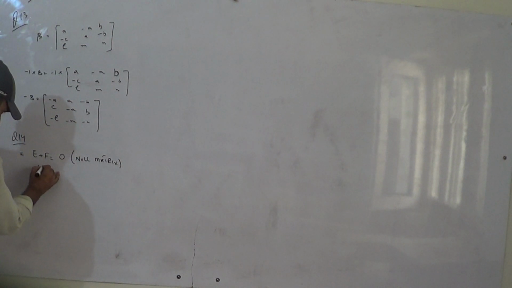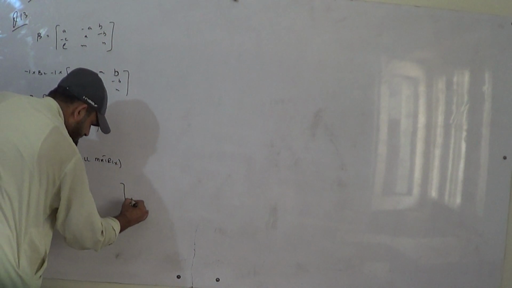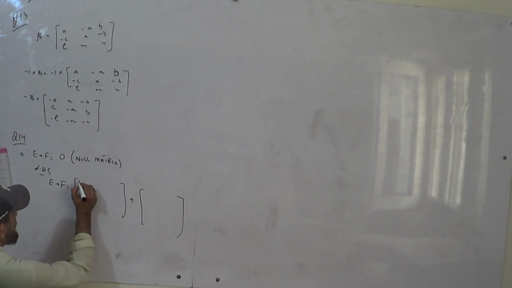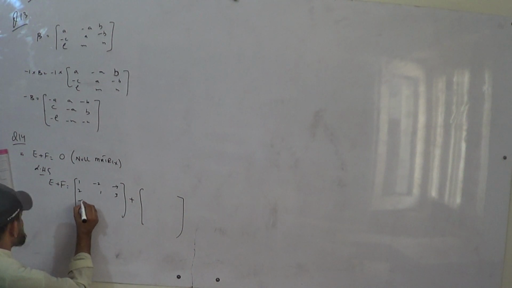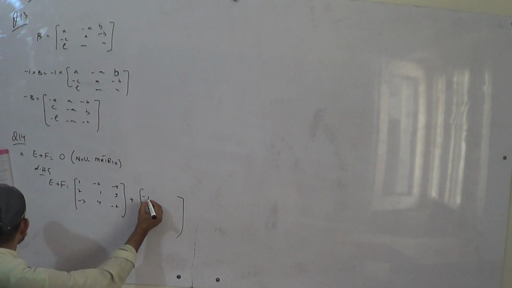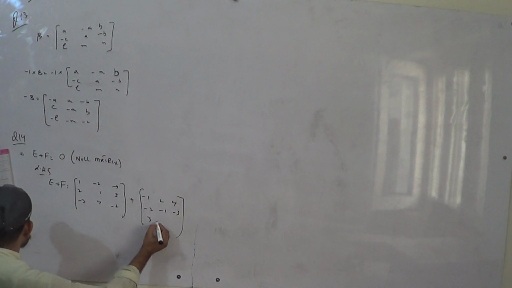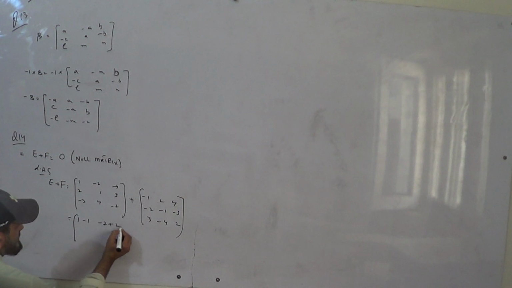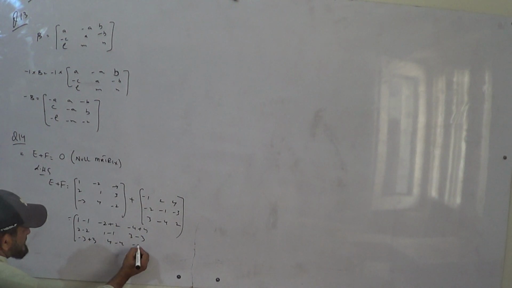Now we take the left hand side, E plus F. The members of E are 1, minus 2, minus 4, 2, 1 and 3, minus 3, 4, minus 2, and F is minus 1, 2 and 4, minus 2, minus 1 and minus 3, 3, minus 4 and 2. Add them: 1 minus 1, minus 2 plus 2, minus 4 plus 4, 2 minus 2, 1 minus 1, 3 minus 3, minus 3 plus 3, 4 minus 4, minus 2 plus 2.